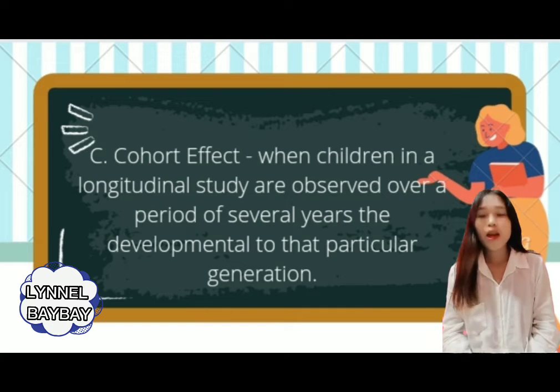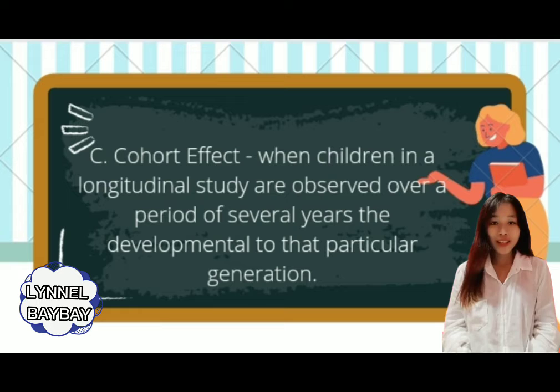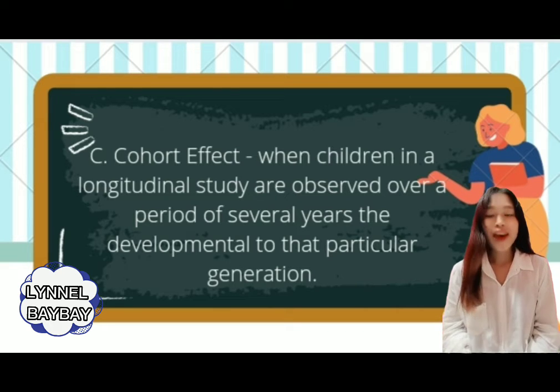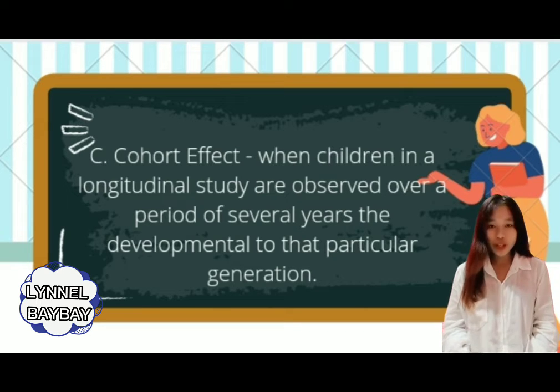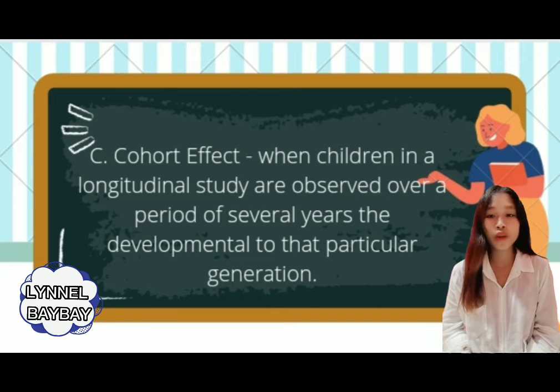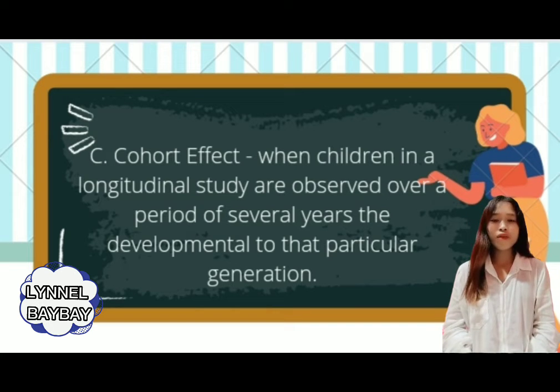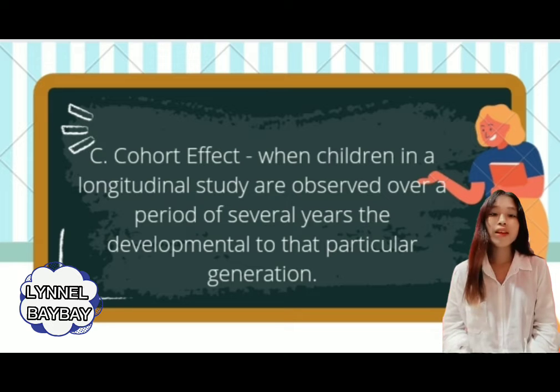For example, people who became parents in the same year, people who retire at the same time, and lastly, all of the students who went to a particular school during a certain time period. Those are examples of cohort effects that involve changes across groups with the same birth year.